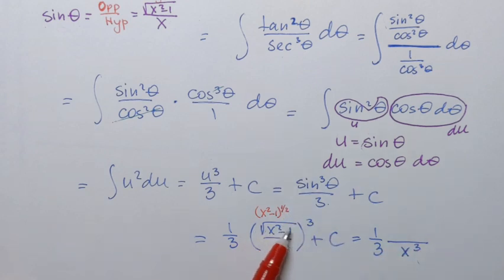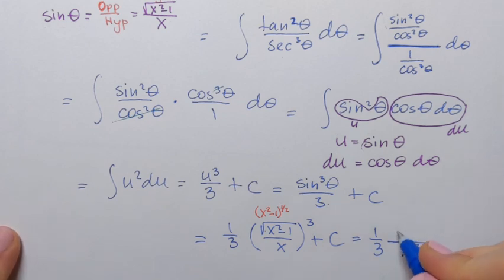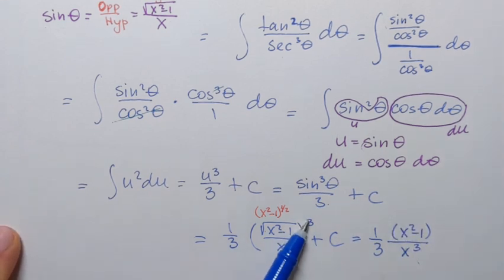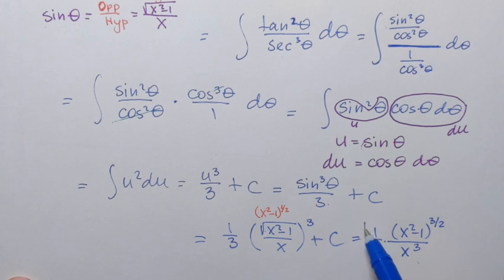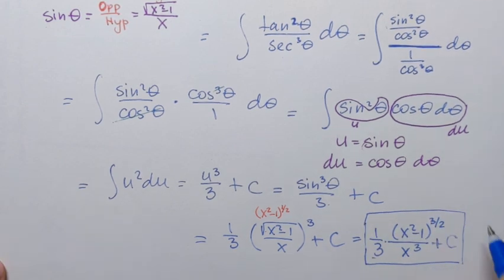That's the square root. But then the power 1/2 being raised to the power 3, that's where I'll have to multiply the powers. So that means that the numerator I can write like that, x squared minus 1 raised to the power 3/2. And that's how I will leave this answer. Plus the constant.